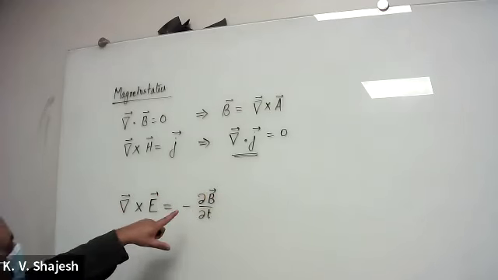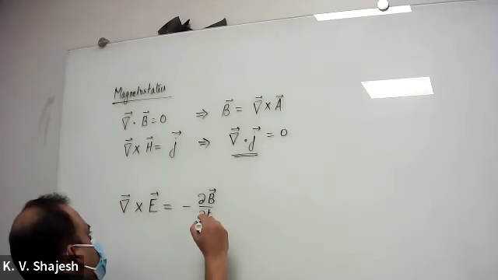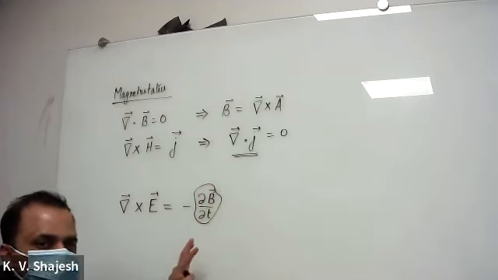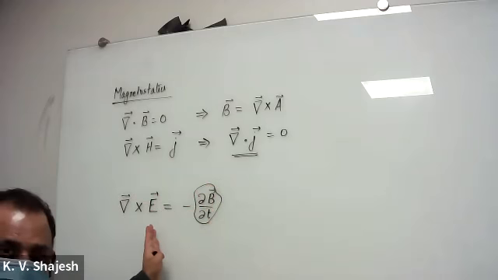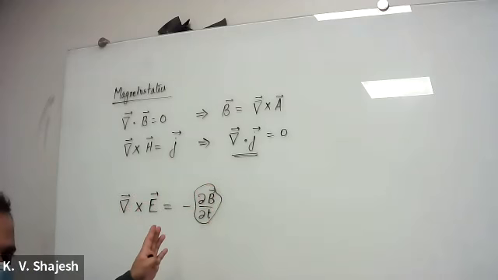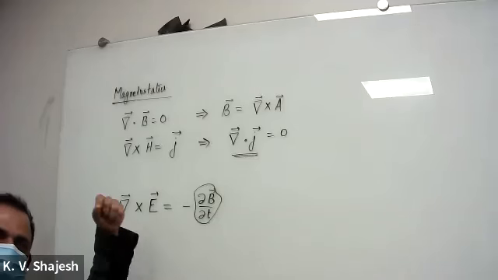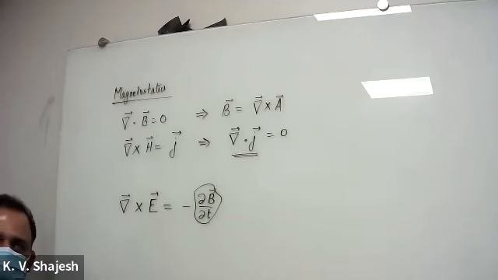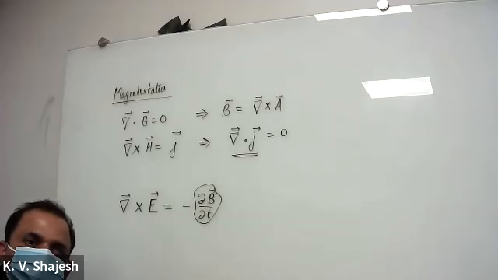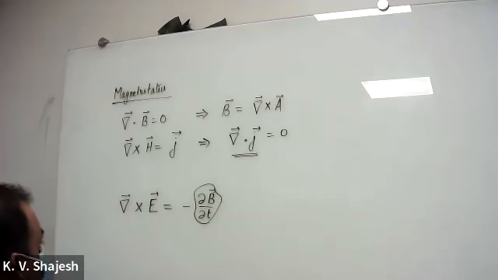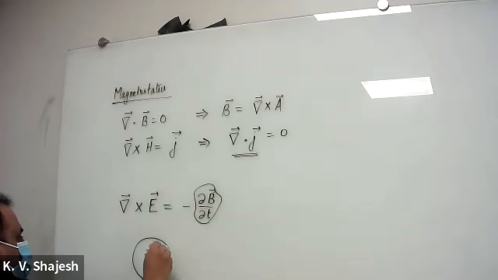Notice that this is some source creating the electric field. In electrostatics, curl of electric field is 0. That means at every point, I can never have any electric field going around. On the other hand, if it is created with a changing magnetic field, I can have electric field going in circles.